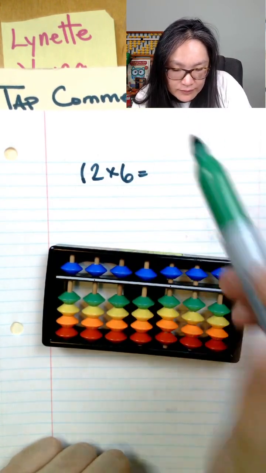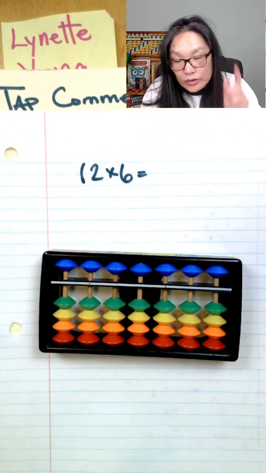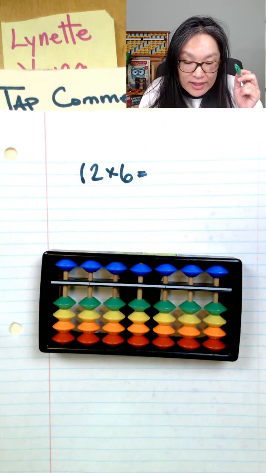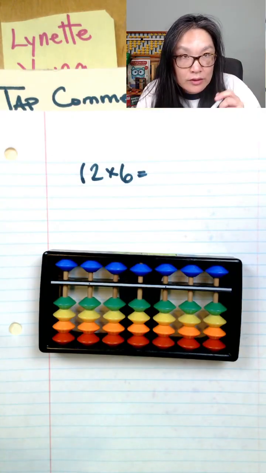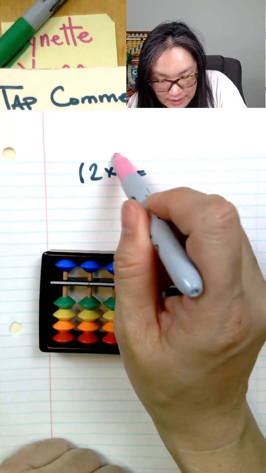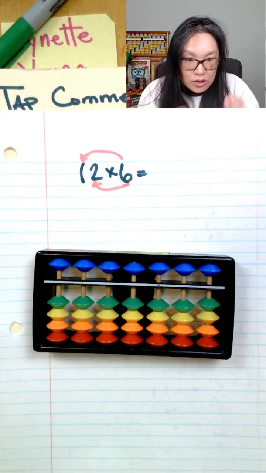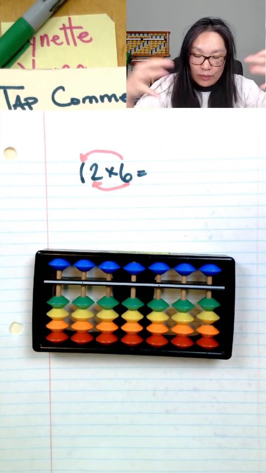Easy, not a problem, but we don't memorize this. What we do in abacus is what we call the distributive property. What does that mean? We take this number and multiply it to here, and we take this number and multiply it to here. So we take it apart and then add it together.